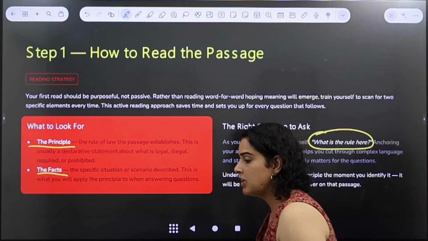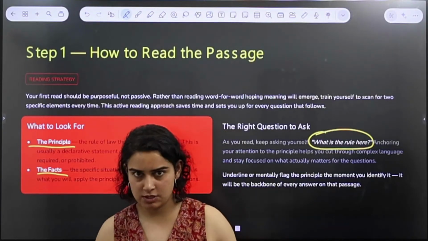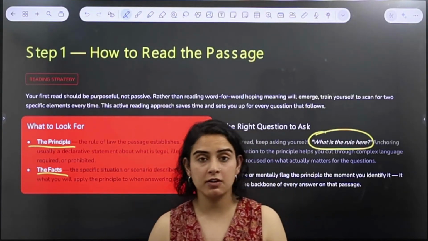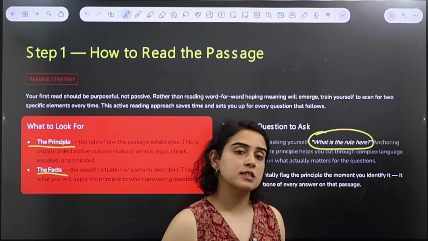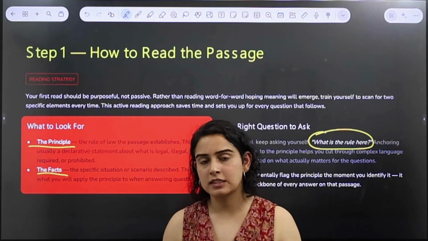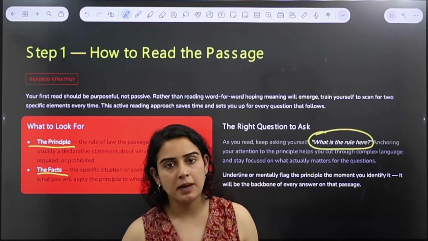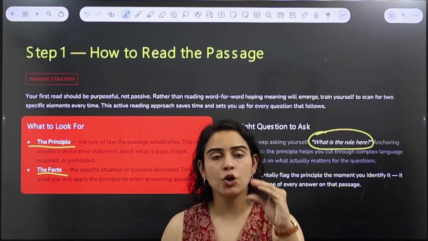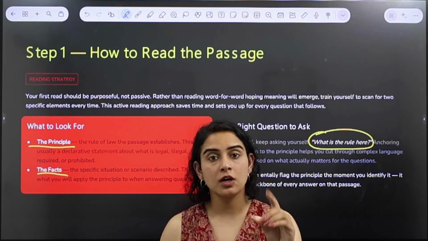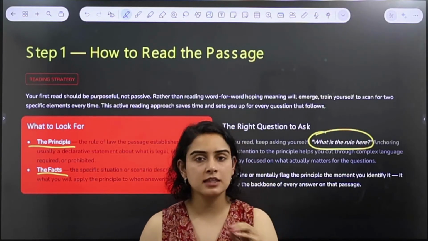See, when it comes to passages like English passages, right, in that case you have to be much more careful, because you have to identify the tonality of the passage, the intent of the author, so many other things. But when it comes to legal passages, something really important is that you restrict your focus just to the legal principle. That's it. Nothing more is required.